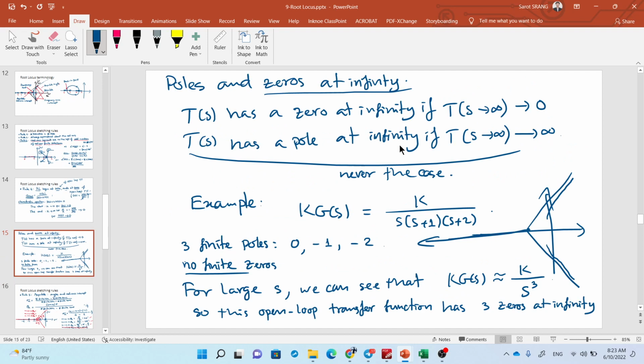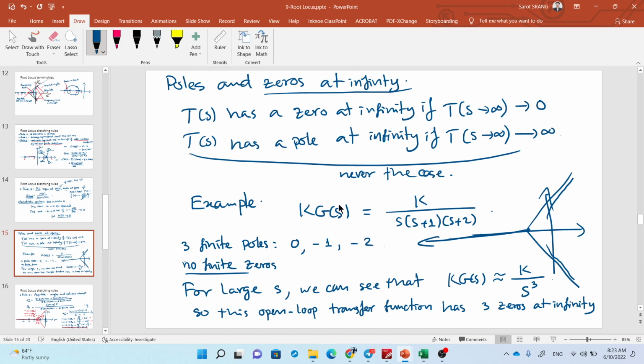Then this one: poles and zeros at infinity. For a proper system, the degree of the denominator is greater than or equal to the degree of the numerator. So when s approaches infinity, there can be zeros, because the degree of s in the denominator is higher.